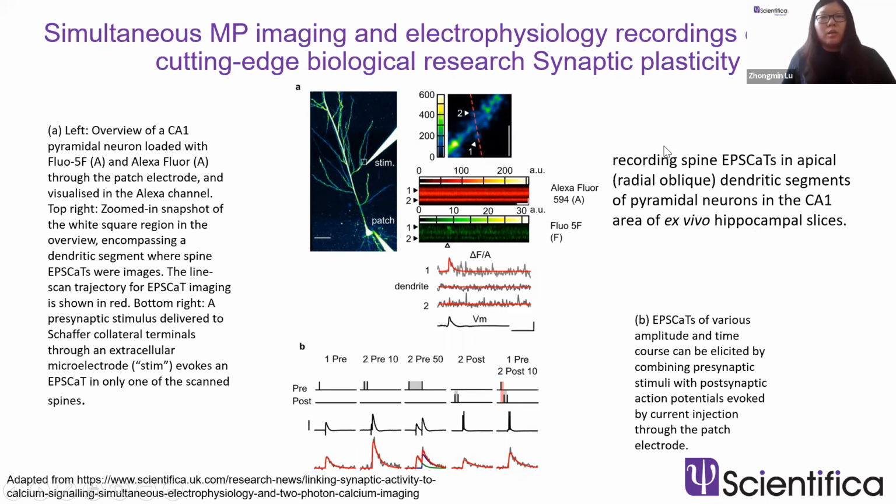By the way, this combination of technology can also help address questions on heterosynaptic plasticity and Hebbian plasticity at the same time on the same sample.